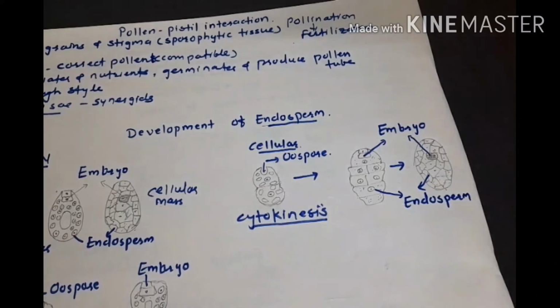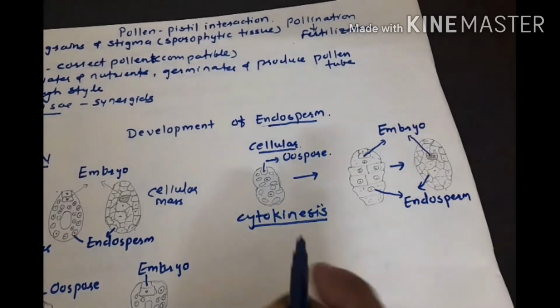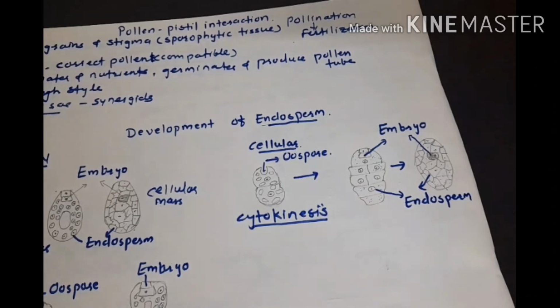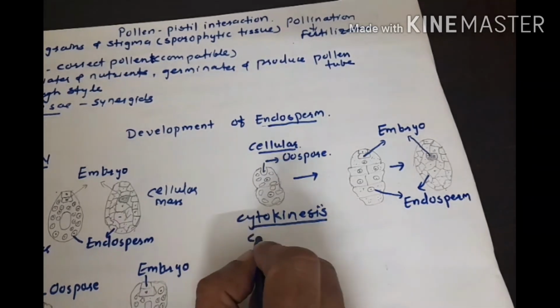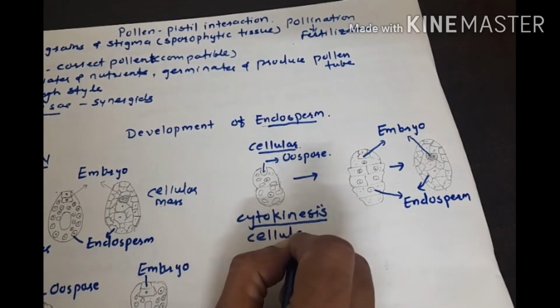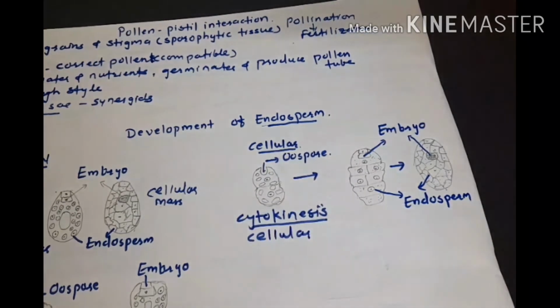During the division of nuclei, the cytoplasm also gets divided. That is called cytokinesis. Now the nucleus divides and the cytoplasm also divides. Owing to this, the development of endosperm occurs in which form? A nucleus with cytoplasm beside it, what will you call that? A cell. That means this division occurs in cellular form.